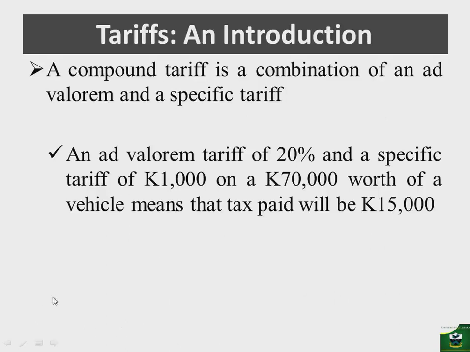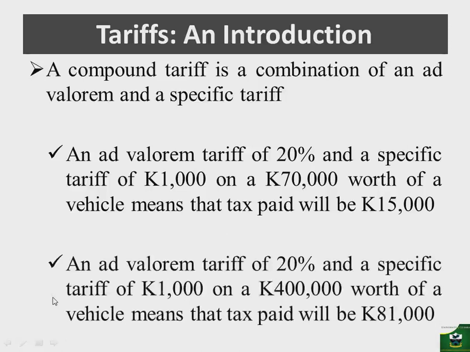Okay, let's look at another example. An ad valorem tariff of 20% and a specific tariff of 1,000 kwacha on a 400,000 kwacha vehicle would mean that the total tax a consumer should pay is 81,000 kwacha. That is, the 80,000 kwacha from the ad valorem tariff and the 1,000 kwacha from the fixed tariff.